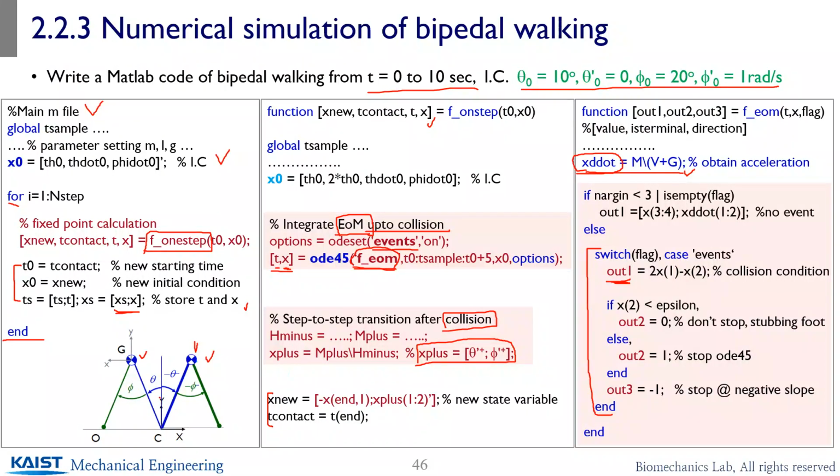Your event indicator is the relationship between theta and phi. If you have 2 theta equals phi, that's the time that the collision occurs. So 2 theta minus phi is the collision indicator, and when this equals zero, then the event occurs. And what will happen? What are you going to do when the event occurs?